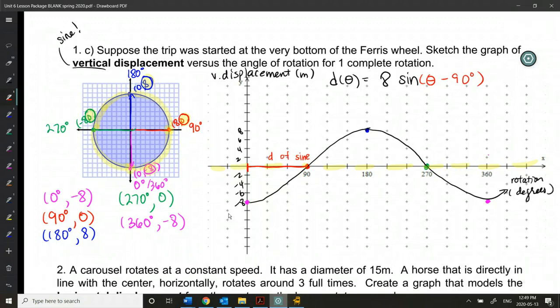And this actually makes sense as well when we think about our graph over here. I started 90 degrees before my usual 0 degree location, right? So it makes sense that it's kind of shifted everything by 90 degrees from where it usually is. So that's kind of how we would say our equation for vertical displacement in this scenario.